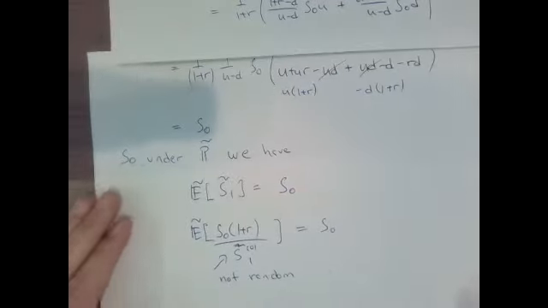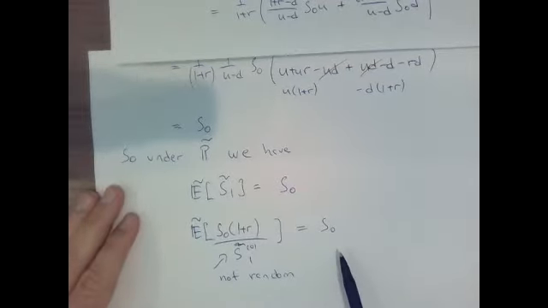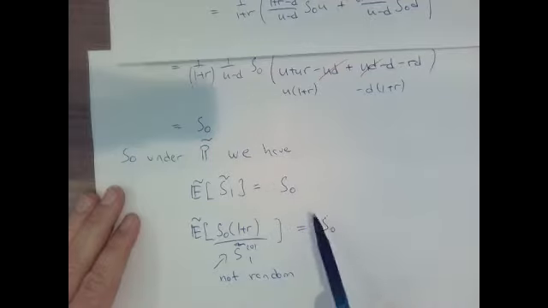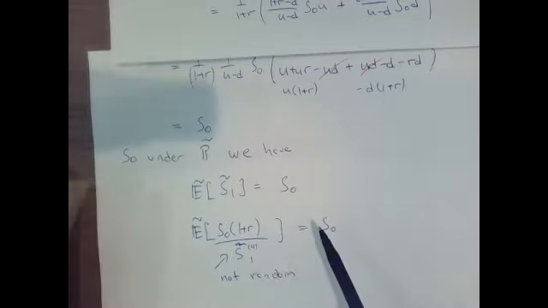But what you see is that the expected return on both the discounted stock and the discounted money market account is constant.